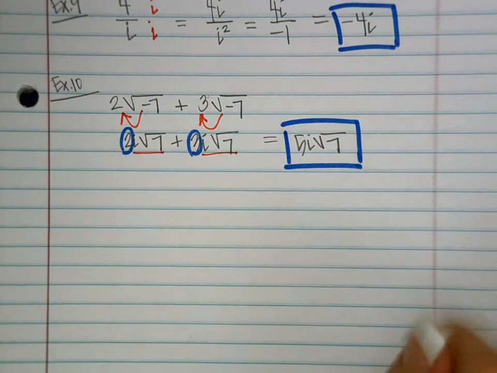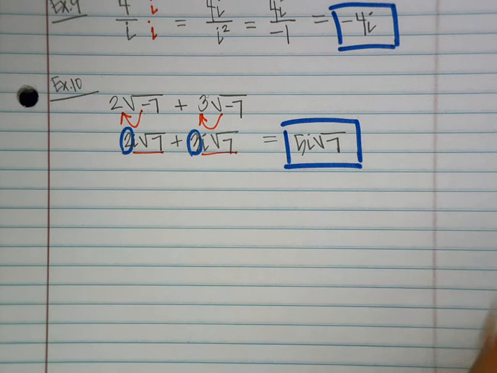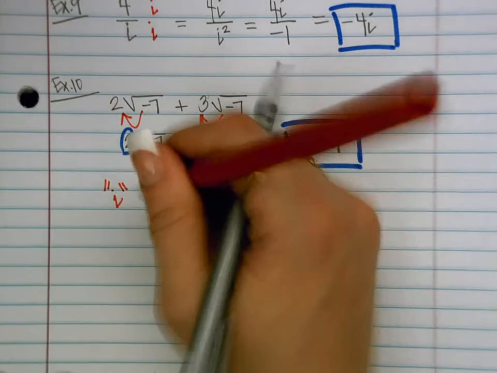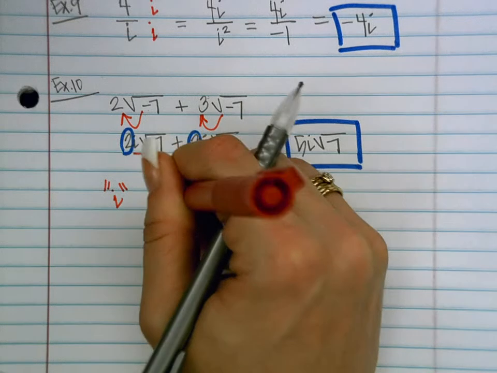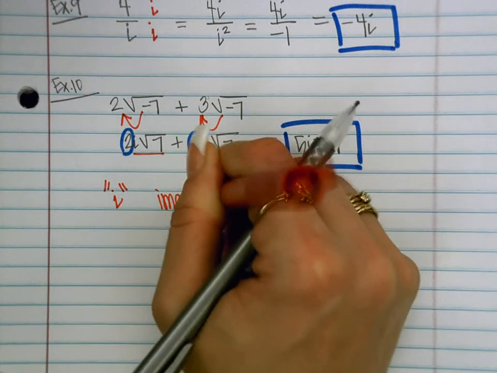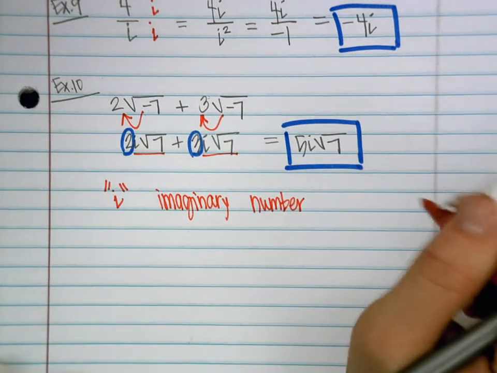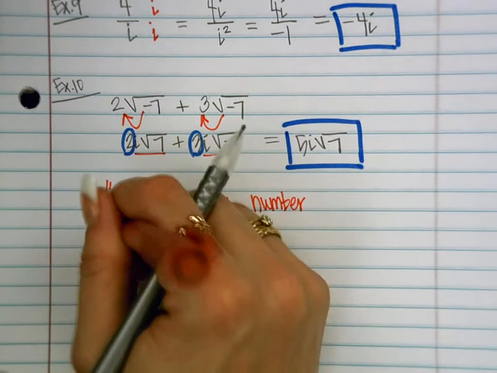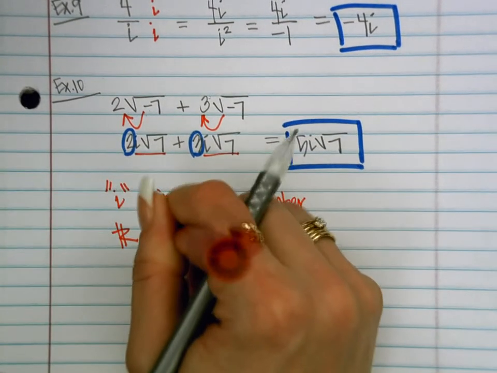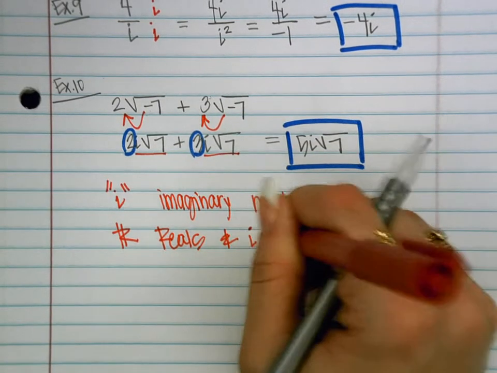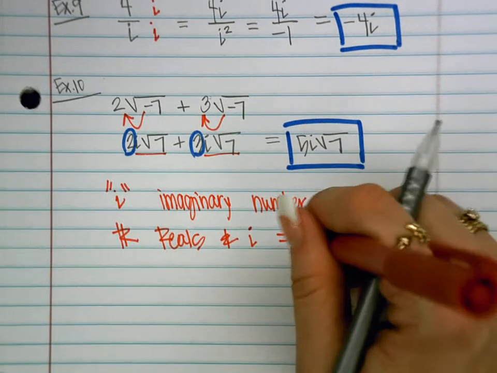You also need to know, and we're going to go more into this tomorrow, that anything with just an i attached is an imaginary number. Just an i by itself is an imaginary number. If you have something that's reals and an i together, that is something called a complex number.